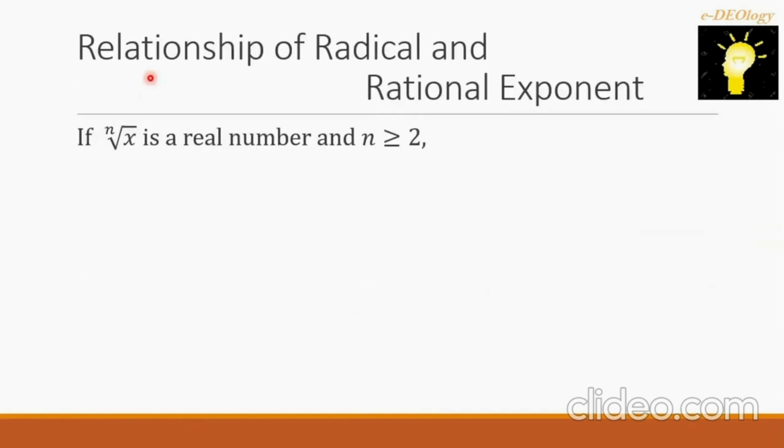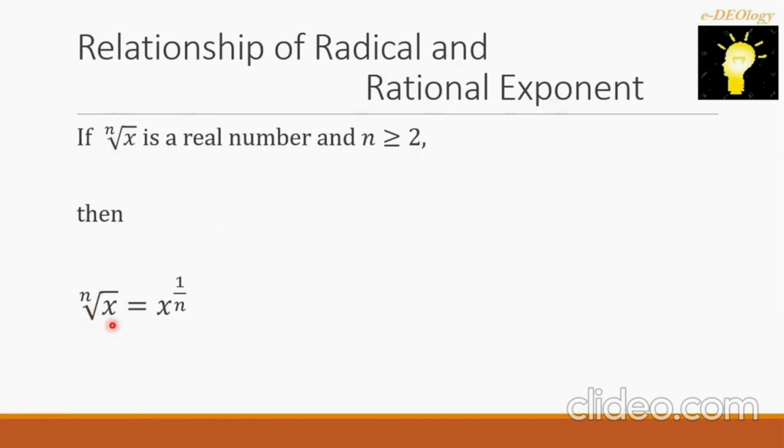Let us go to the relationship of radical and rational exponent. If we have a radical nth root of x, and this is a real number, and the n is greater than or equal to 2, take note that n is the index. Then the relationship of radical and rational exponent is given in this equation.